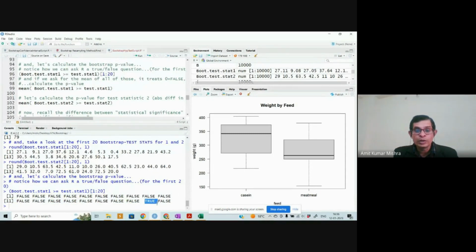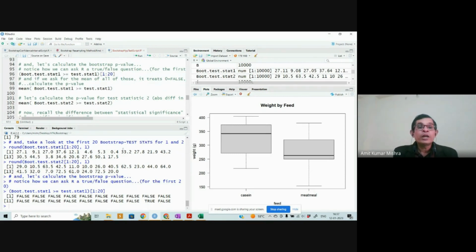So out of the first 20, only one is bigger than this. All others are smaller than this. But we have to find the proportion. So R will take all the false as 0 and all the true as 1. So if you find the mean, it will give you actually the proportion.